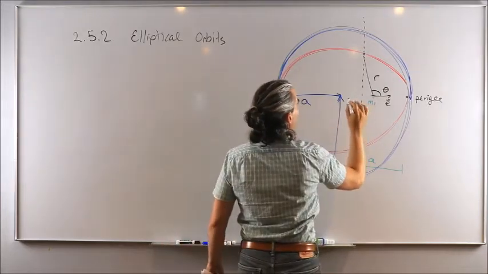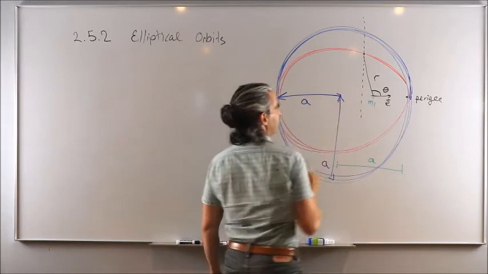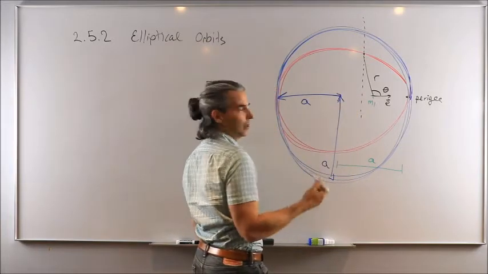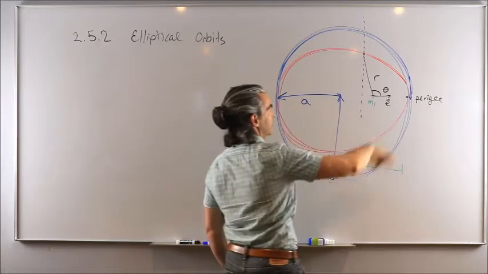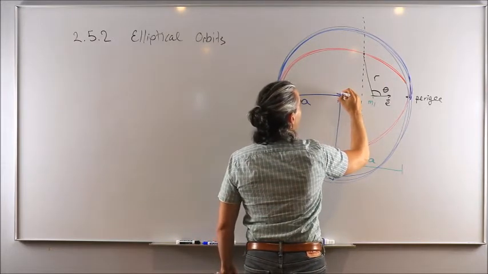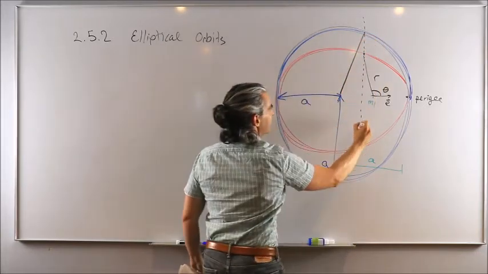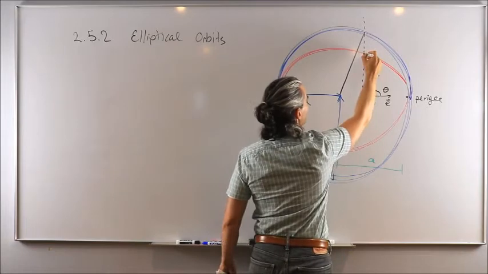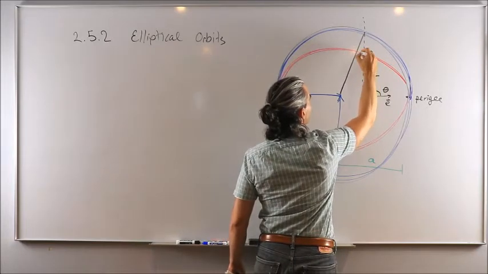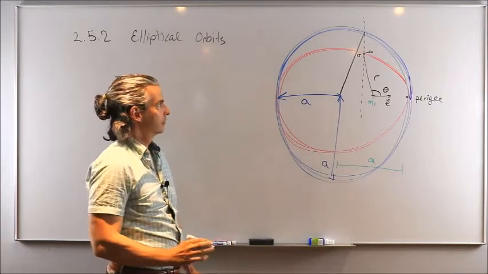So the eccentric anomaly is the angle between the center of the ellipse, which coincides with the center of the auxiliary circle, and then what you're going to do is draw a line all the way up to where this vertical line that was going through the spacecraft position intersects now the blue circle. Okay?